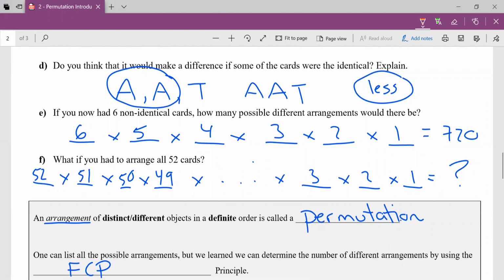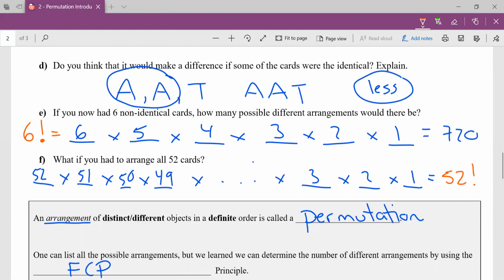Well, there's a better way to do this. 6 times 5 times 4 times 3 times 2 times 1 is 6 factorial, like that. How many ways could we arrange all 52? Well, it starts at 52 and counts all the way down to 1. That's 52 factorial.